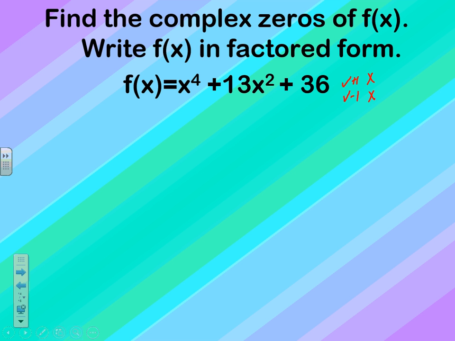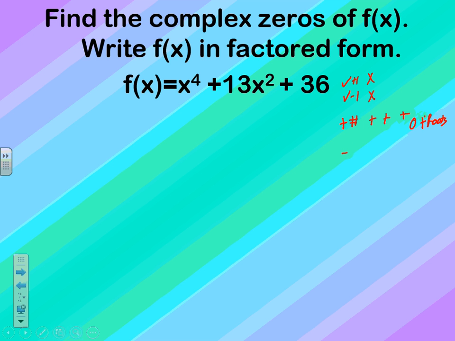Okay, so let's look at Descartes' rule. If I substitute a positive number in, that will give me a positive, and another positive. Since there are no sign changes here, that tells me that there are no positive roots.